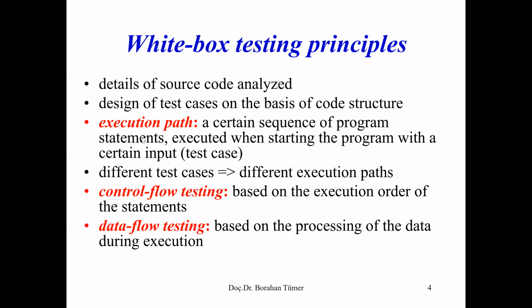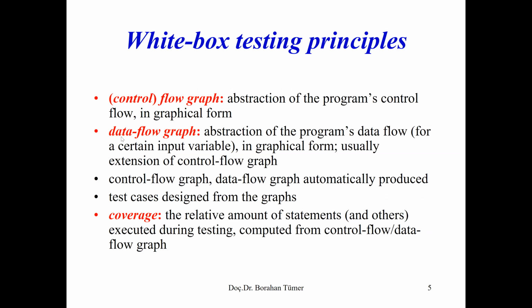We talked about the execution path. We first defined some concepts that we will use in white box testing. These were execution path, control flow testing, data flow testing, control flow graph, data flow graph, and the important essential concept of coverage.